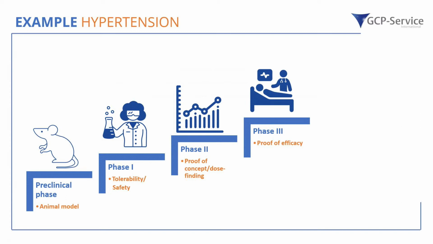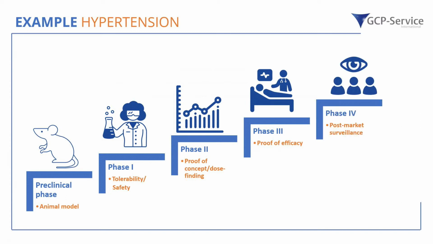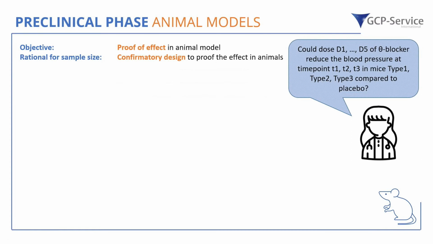And if our drug is already on the market, then we will also have a post-market surveillance, where we have a look at rarer diseases and also explore a little bit more the treatment effect observed in real-world settings. When we are in a medical device setting, then we would have just the pre-market study, which would be comparable to a phase 3 study, and a post-market study that is comparable to the phase 4 study. So let's start with the phases.